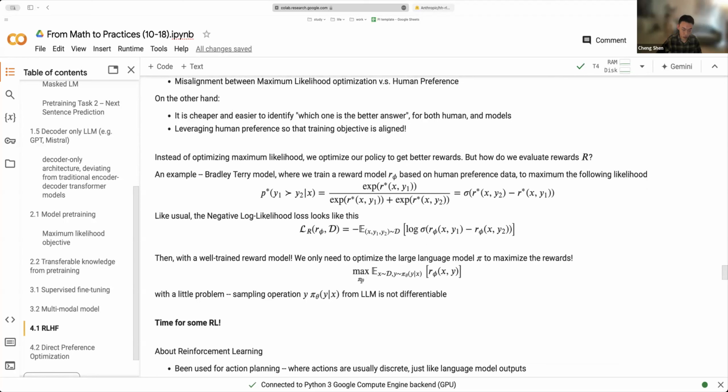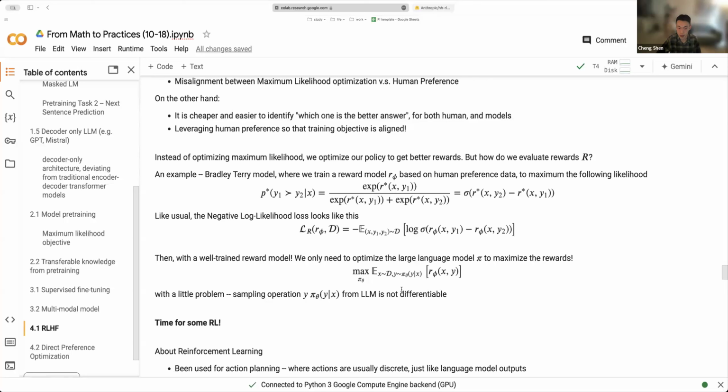And in the end, the actual large language model we want to optimize is this pi model. We want to find the pi theta that could maximize the expected reward given all the possible prompts X and the responses Y sampled from our large language model pi theta.